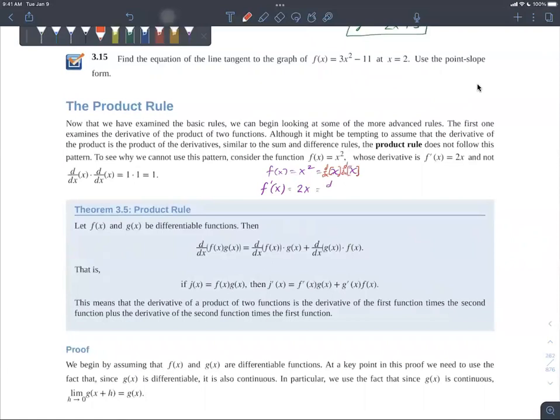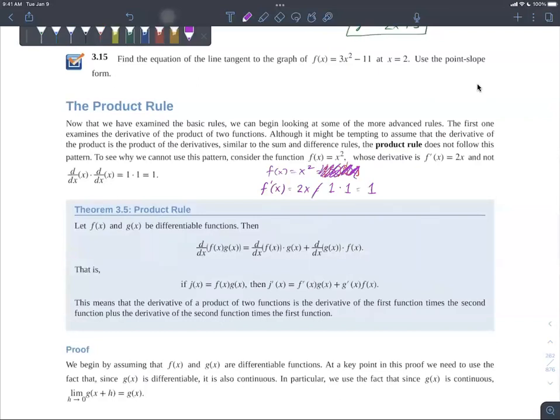Would that be the derivative of the product of x and x? You see that the derivative of x, we said earlier, was 1, and the derivative of x, again, is 1. And so notice this is 1, which is not equal to 2x. So no, you can't split this up into a product like x times x and then take the derivative of each of the individual factors and then multiply them. That doesn't work.